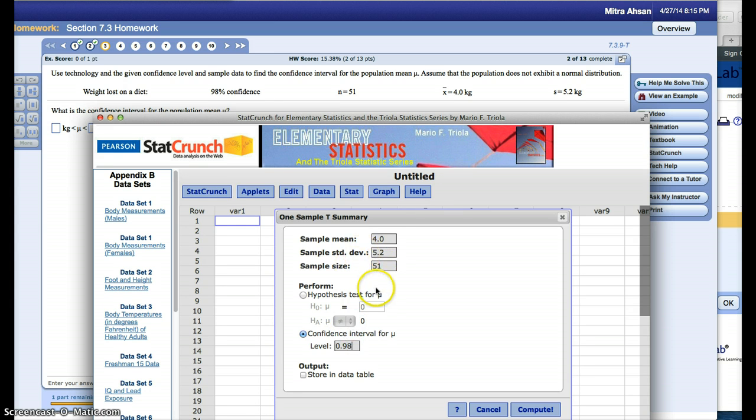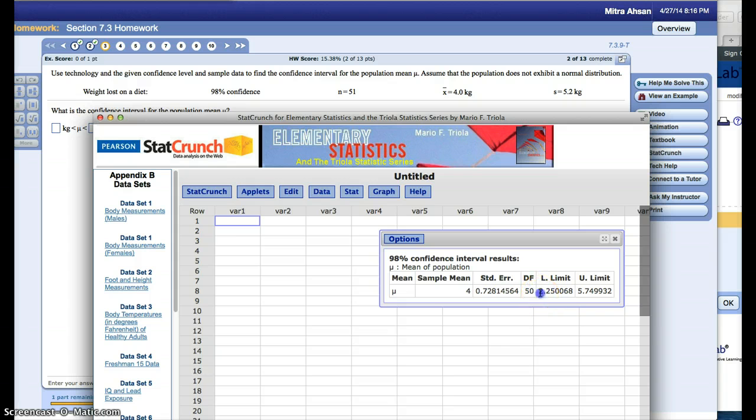And again, since this is a student t distribution, we need degree of freedom as well, but we don't have to put it in here. Once we put the sample size, StatCrunch will take care of that, and we don't have to tell it the degree of freedom because it will know how to calculate it itself. So all I need to do is just compute.